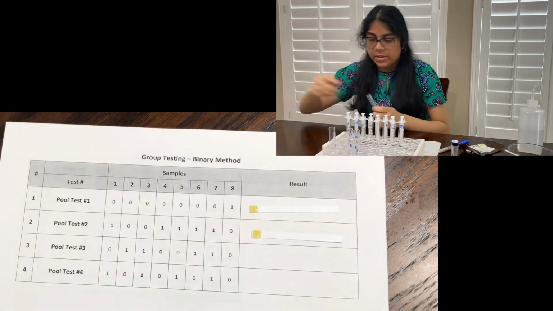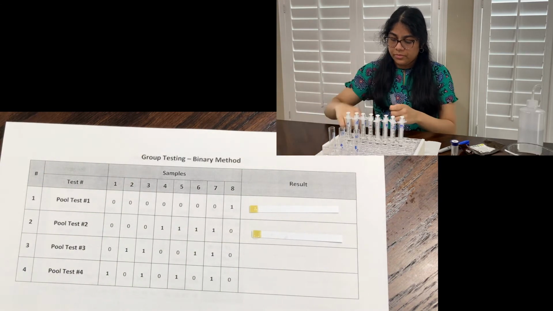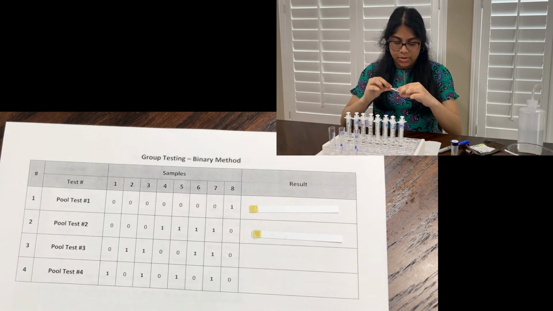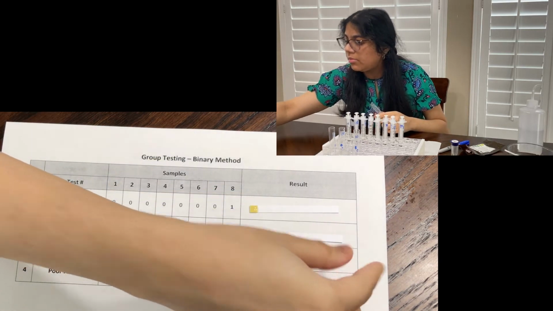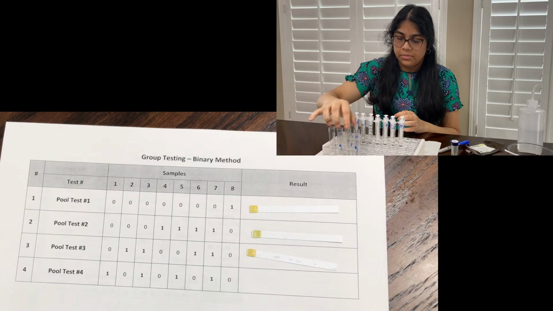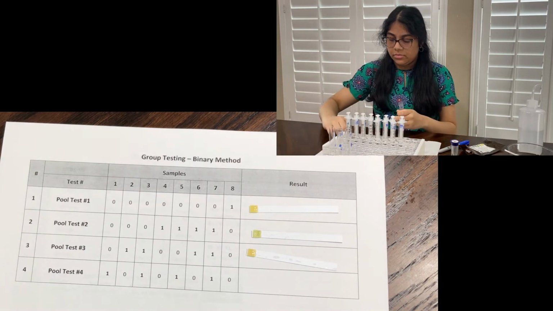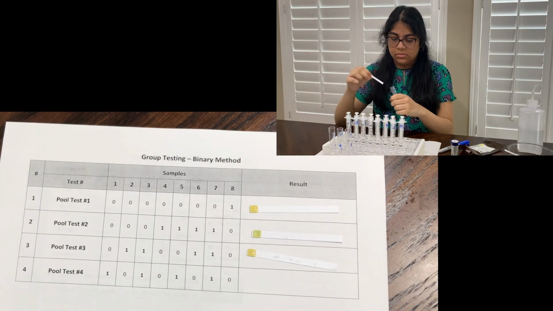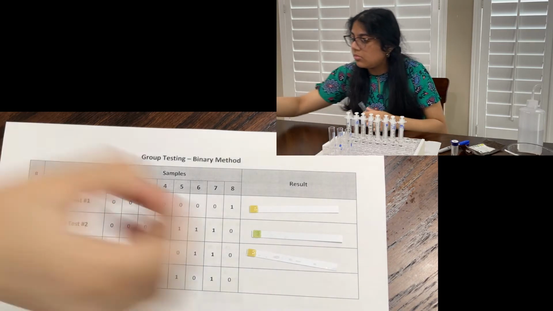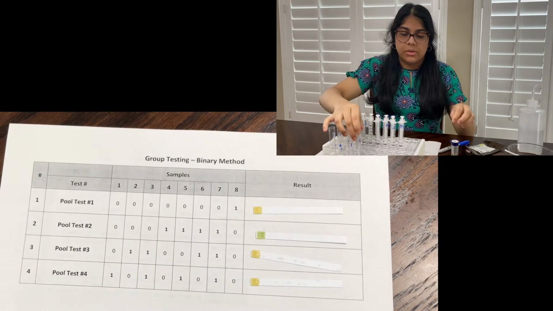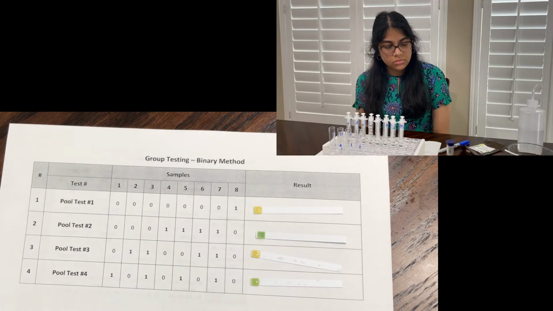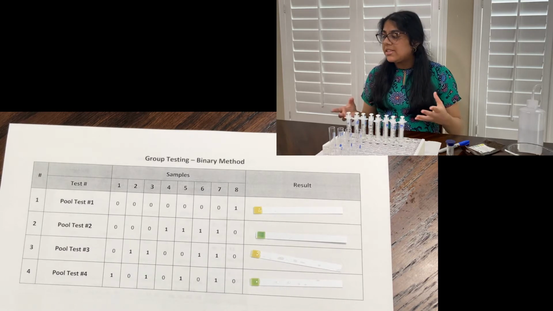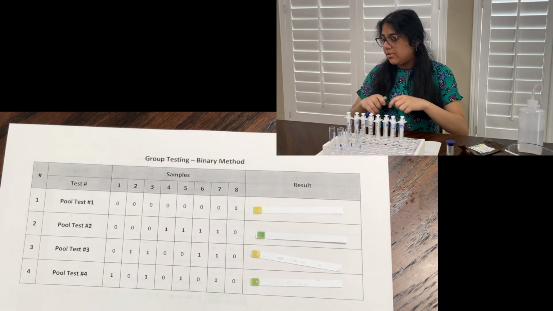So this is for my second pool test, the third one, and then the fourth one. Okay, now I'm just going to start the 30-second timer. Okay, so 30 seconds is up, and now let's take a look at the results.